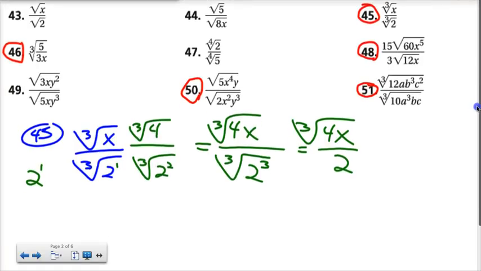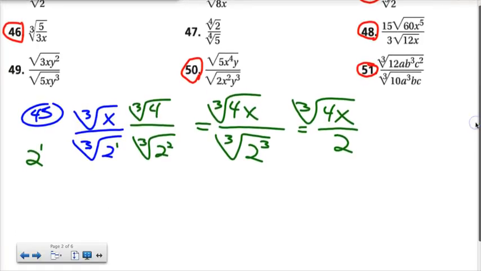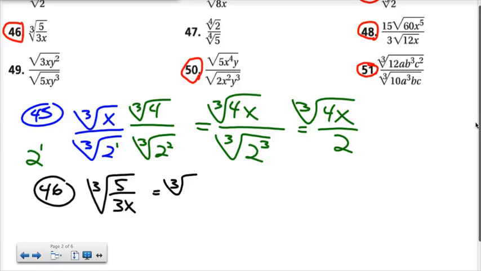We scoot this up just a titch here and go after number 56. Oh, I'm sorry, 46. So 46 has the cubed root of 5 over 3x. And we take a look at that and we see there isn't any simplifying we can do. So we're going to go ahead and separate that.